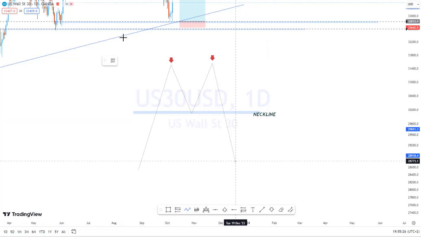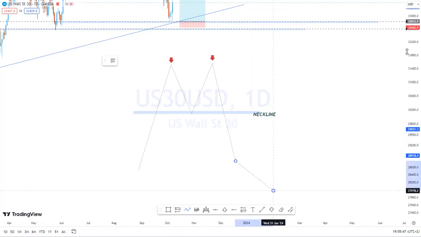This retest is going to confirm to us that I want to sell. Once the market goes back to touch the neckline, that's where you're going to be entering yourself. You're looking to be selling.